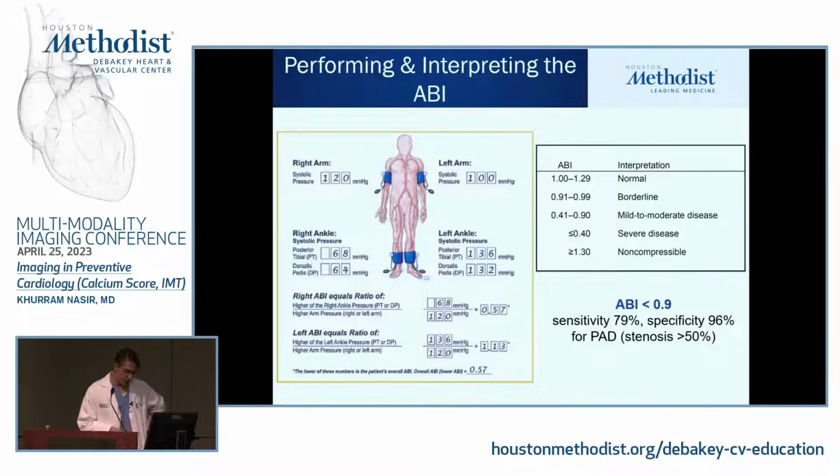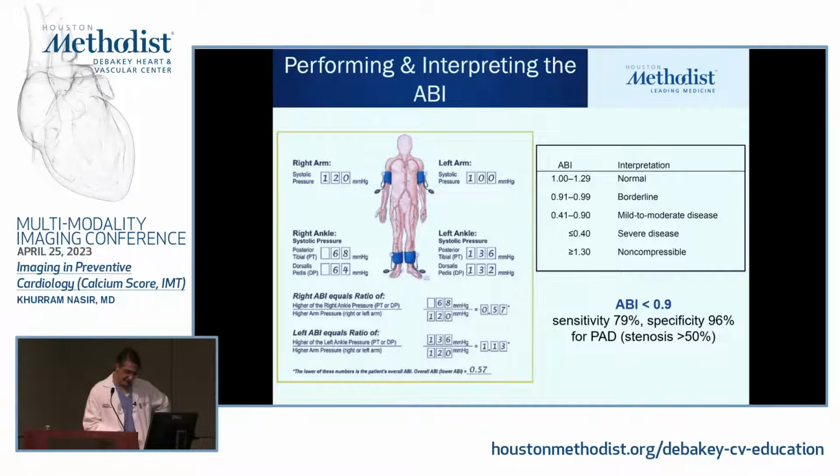They measured the pressure in the posterior tibial on the right at 68, and the dorsalis pedis at 64. So the ABI for the right side would use the higher of the ankle pressures: you take the 68 and divide it by the higher of the arm pressures, which is 120, and you get 0.57.